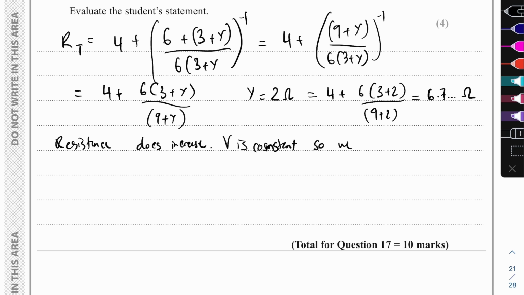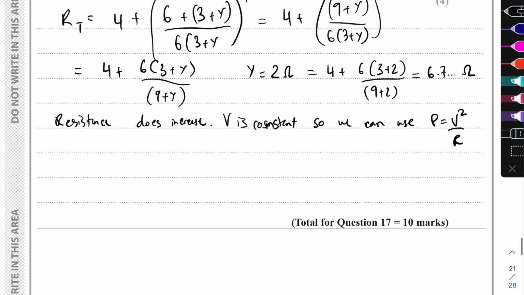So we can use P equals V squared over R, right? And since R increases, P equals V squared over R decreases, power would be less, right?